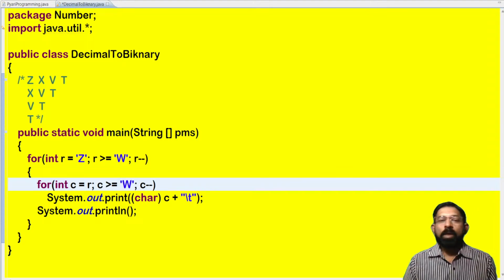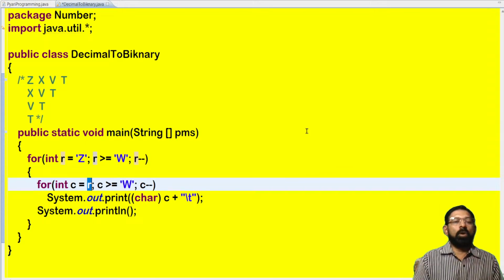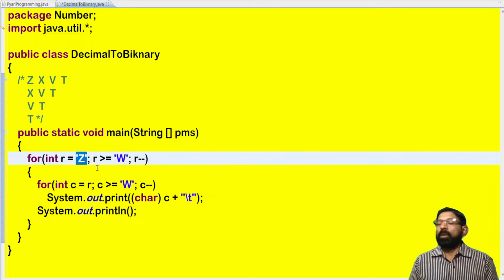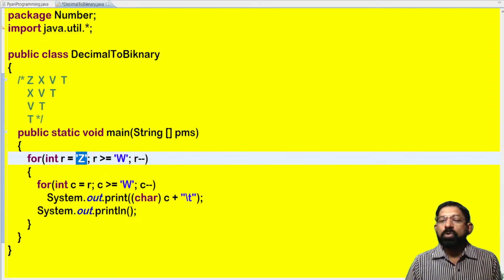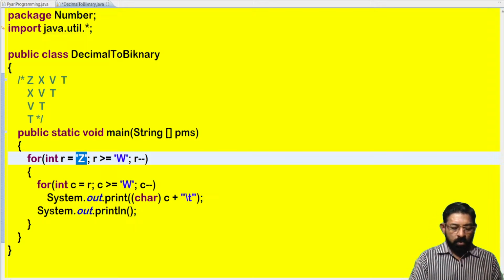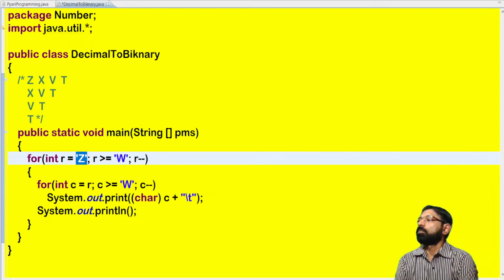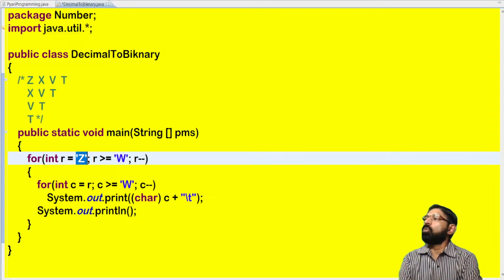Rajdev says R. Okay, it's already available. Then if this is R, then what is R's initial value? Then decide: R is equal to C is equal to R. Yes, got it.